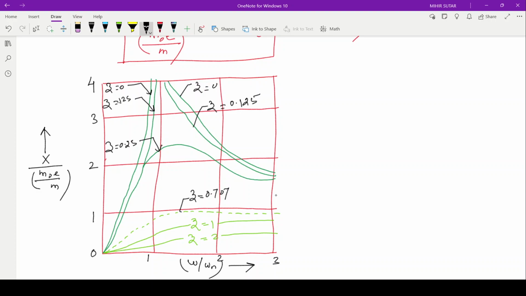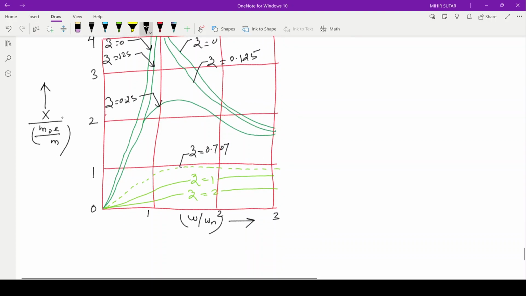So for different values of zeta, the relation between these two components, that is x by m0 e by m and omega by omega n square, is plotted here.